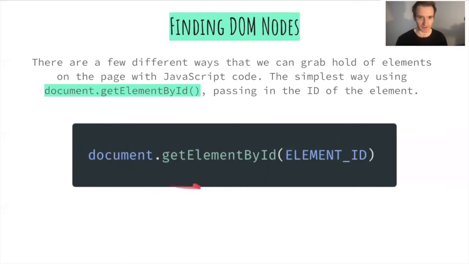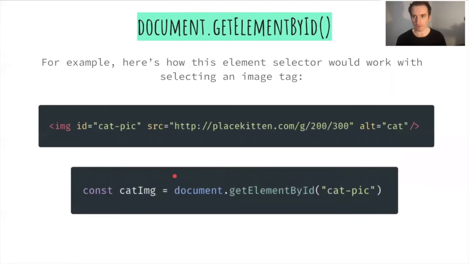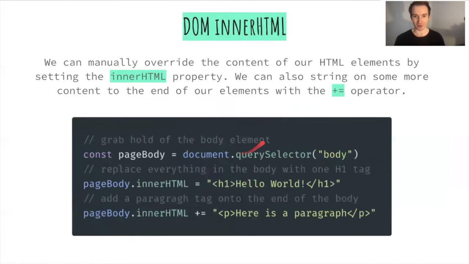So one of those methods is getElementById. And getElementById, we can pass in an ID of an element on the page, and it will get an object representation of that node in the tree.